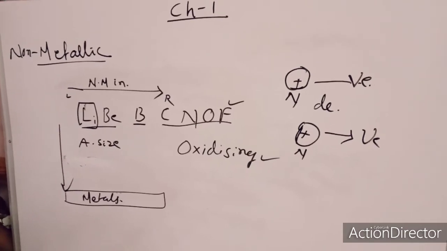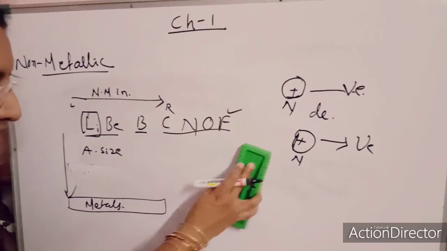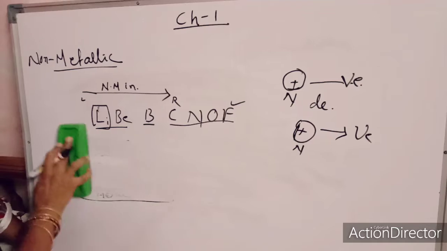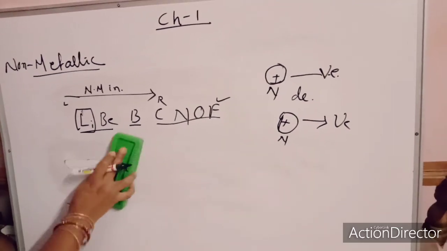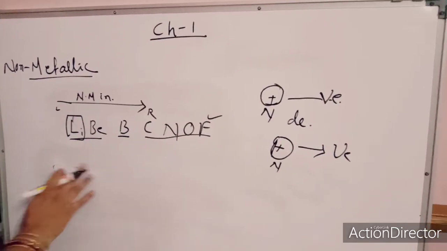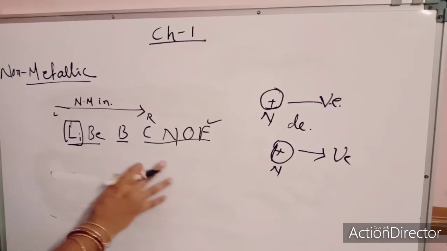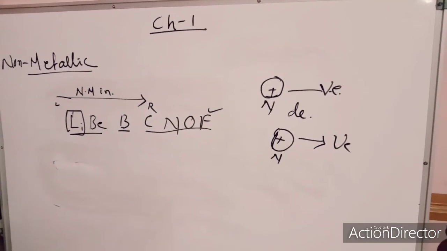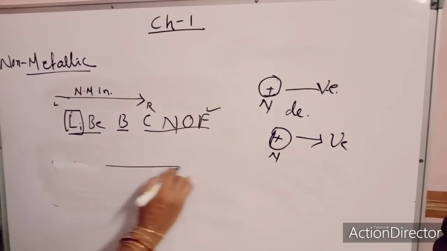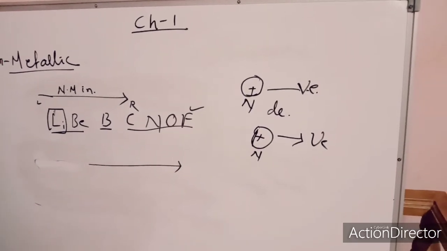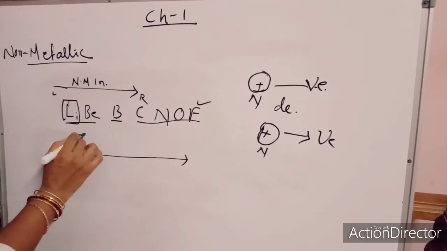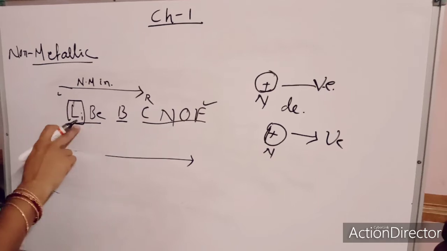Next, according to the metallic property and non-metallic property, they also give the characteristic of their corresponding oxides. When you are moving along a period from left to right, the acidic character increases.